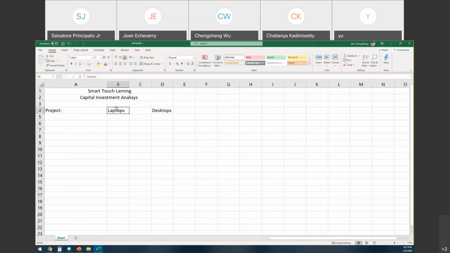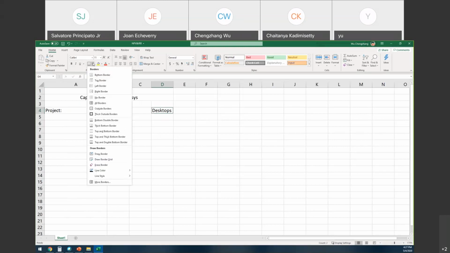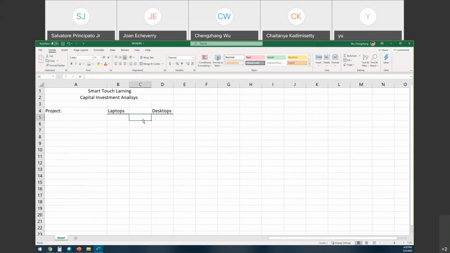And I also need to make laptops and desktops underlined, by adding a bottom border. Also this cell to be bold.